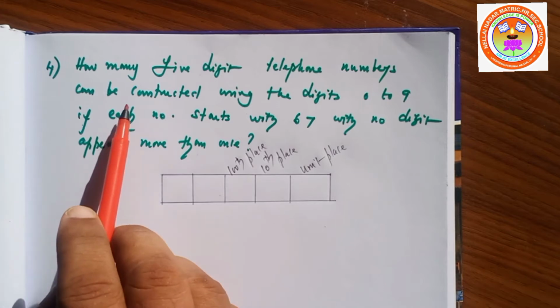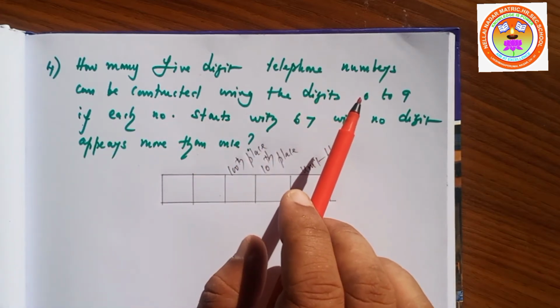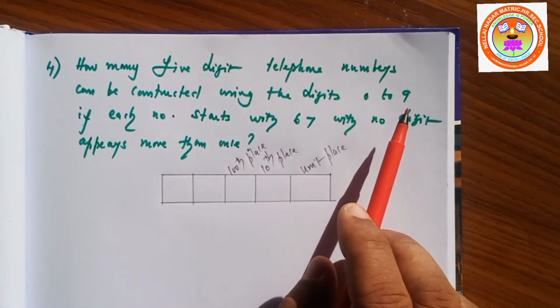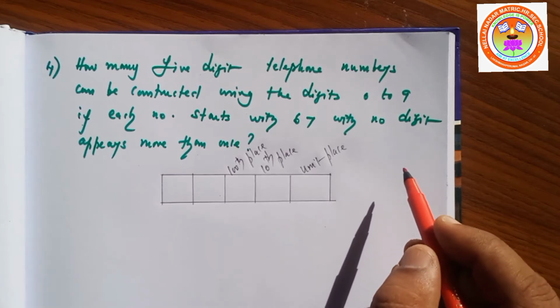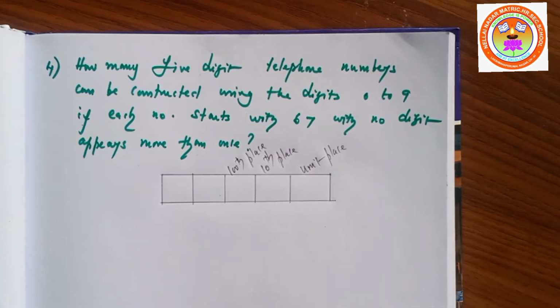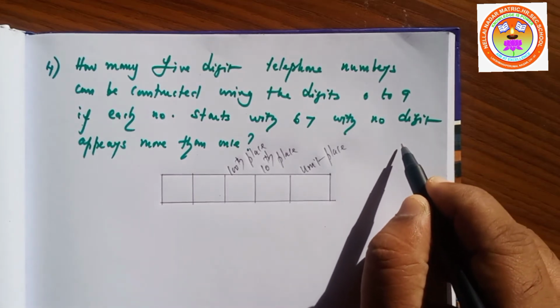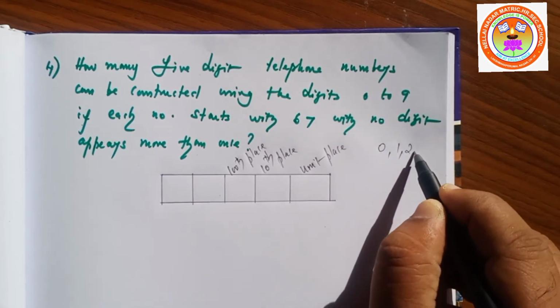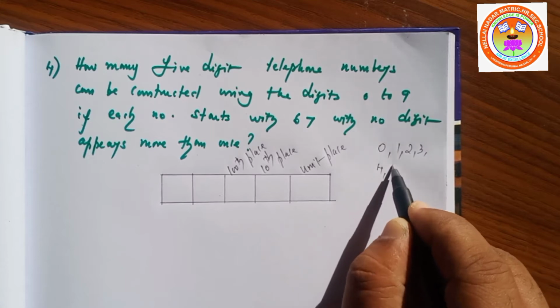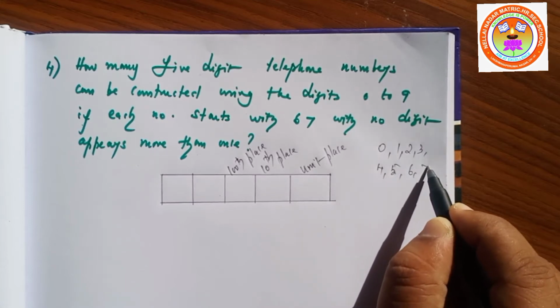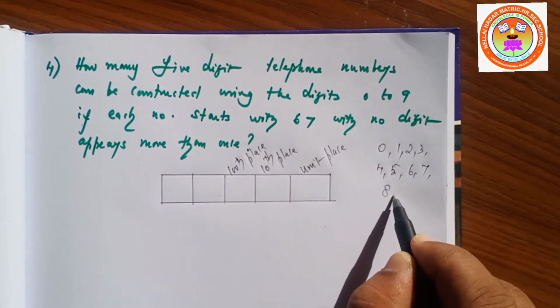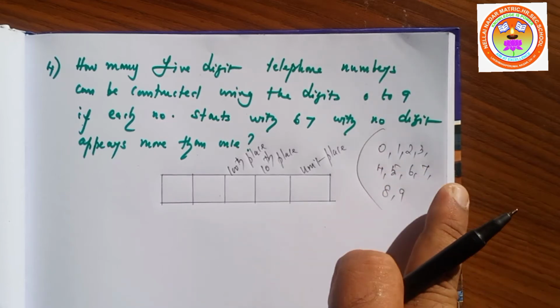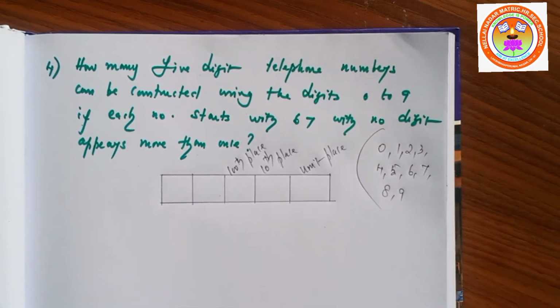So look at that. 5 digit telephone numbers using the digits 0 to 9. I write over here 0, 1, 2, 3, 4, 5, 6, 7, 8 and 9. We have totally 10 digits. Out of 10 digits, look at the condition.